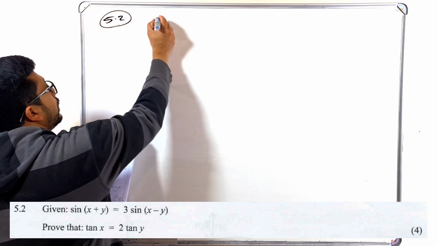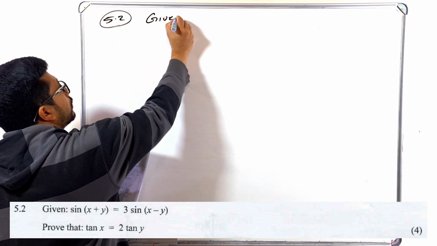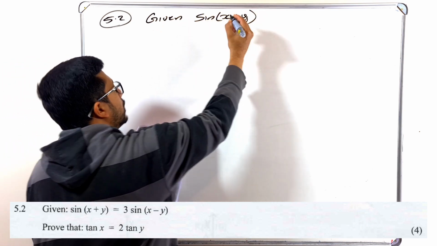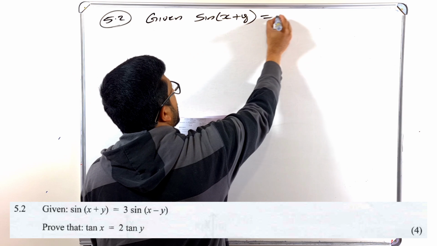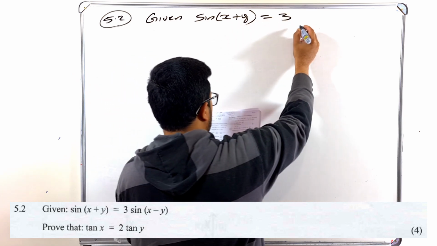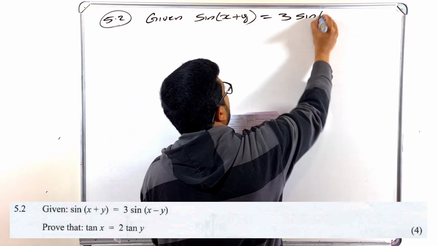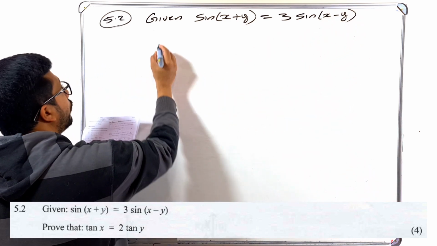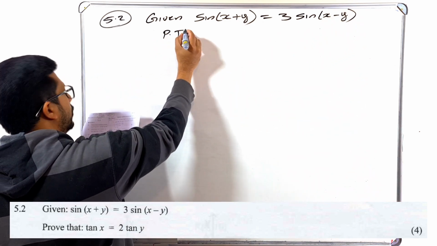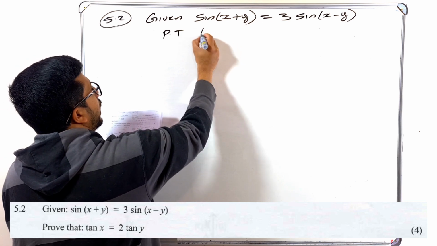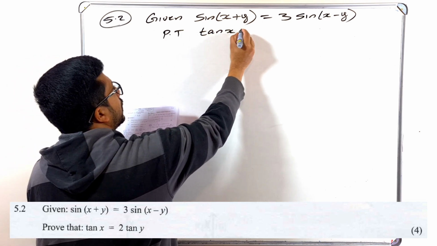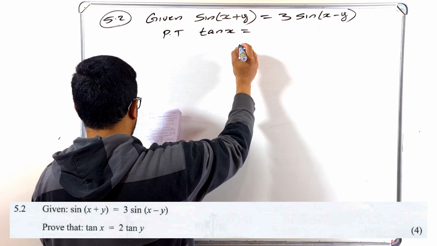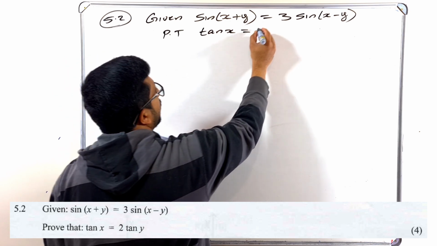Given sine of x plus y is equal to 3 sine of x minus y, you have to prove that tan x is equal to 2 tan y.